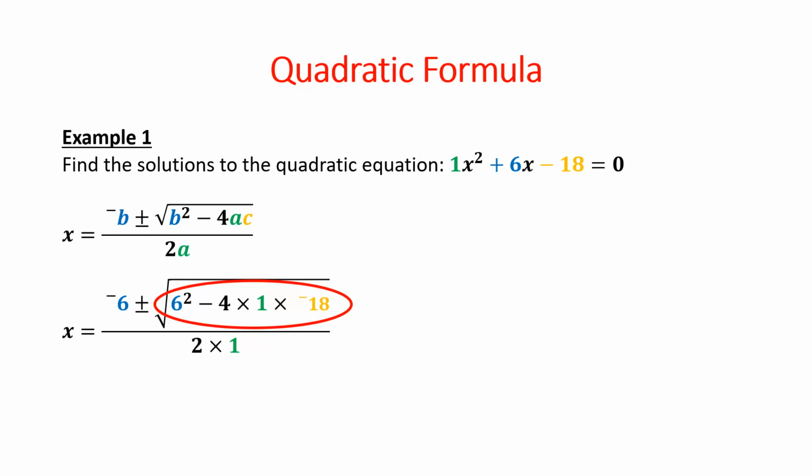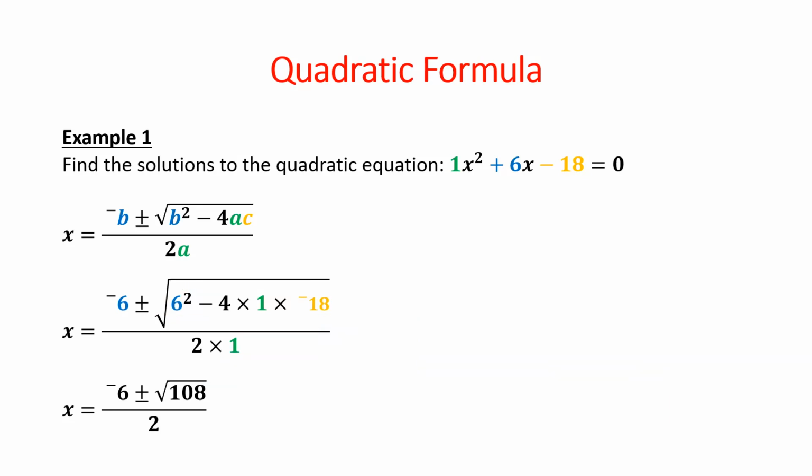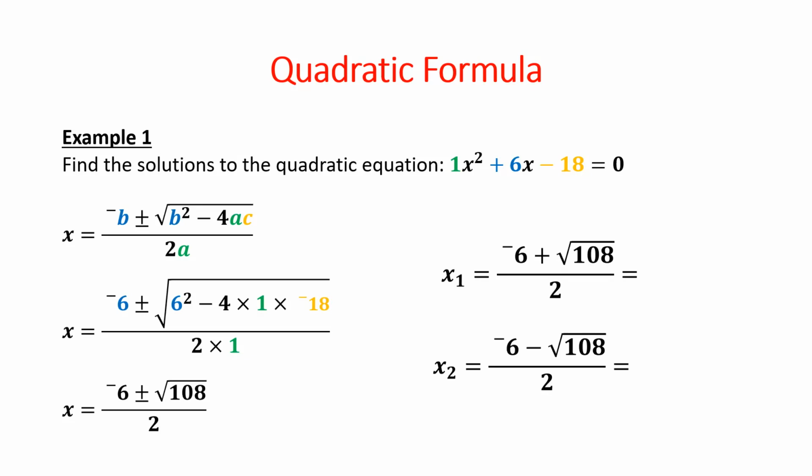Right, let's work out inside the square root, and that gives us a value of 108. So we've got minus 6 plus or minus the square root of 108, all divided by 2. Right, we know there are 2 solutions to every quadratic. The first solution we do by putting a plus sign, and the second solution we do the same thing but replace it with a minus sign.